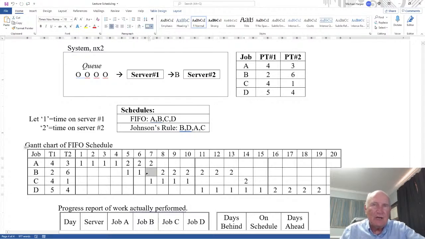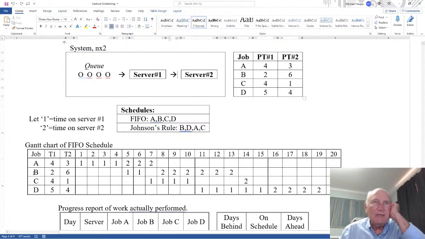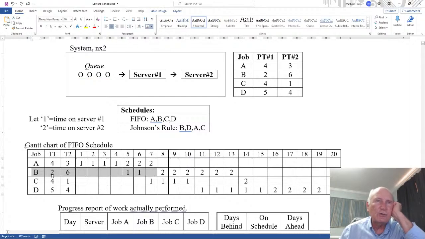So this is the queue time in front of server 2. So B here has a 4-day queue time in front of server 1, a 1-day queue time in front of server 2. So the total queue of B is 4 plus 1 is 5 days. So now the total queue is Q1 in front of server 1 plus Q2 in front of server 2. Both is a total queue of a job. But then it goes to server 2 for 6 days, 1, 2, 3, 4, 5, 6, and there we go.